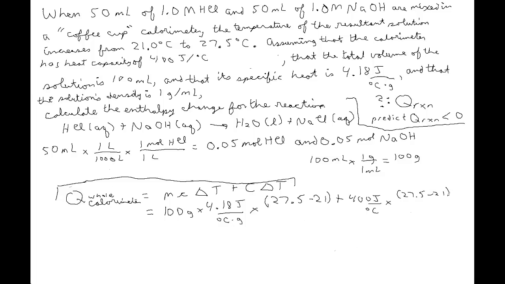Then what? What would we do next? Then we would add the two. Okay, so let's do that and see what you get. So we add 2,717 plus 2,600.